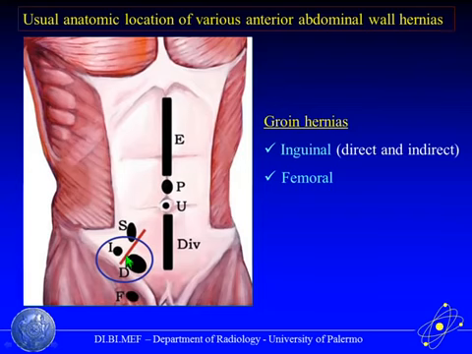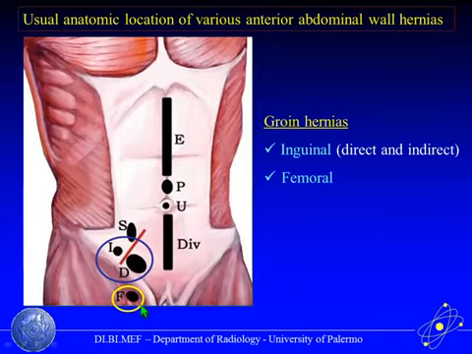Indirect inguinal hernias arise laterally to the inferior epigastric vessels, whereas direct inguinal hernias arise medially to the inferior epigastric vessels. And then we have femoral hernias that arise below this structure over there.